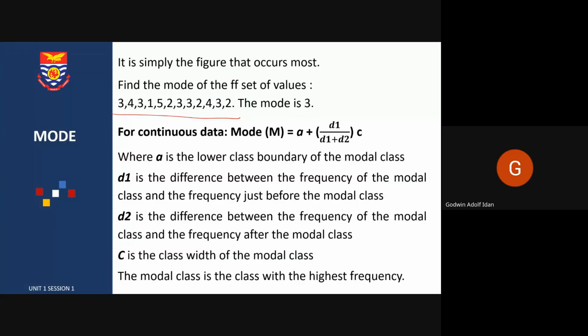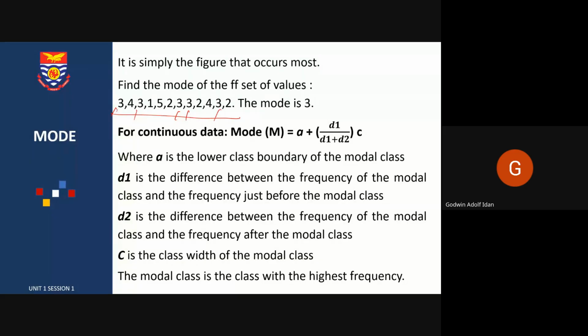For example, with this one, you realize that the 3 is representing itself 5 times. And so it becomes the most occurring value, and that becomes the mode. Whenever you're given a data set, you just have to cross-check and know which of them is the most occurring. That is the mode, especially when we're talking about ungrouped data.